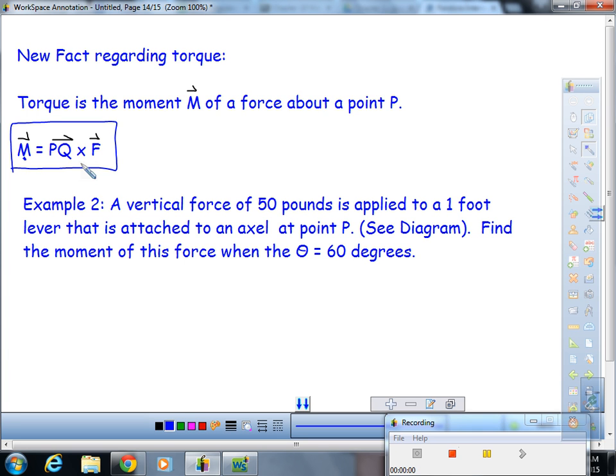It says a vertical force of 50 pounds is applied to a 1-foot lever that is attached to an axle at a point. All right, let's see if I can draw this. We've got X, Y, Z. You've got a lever.